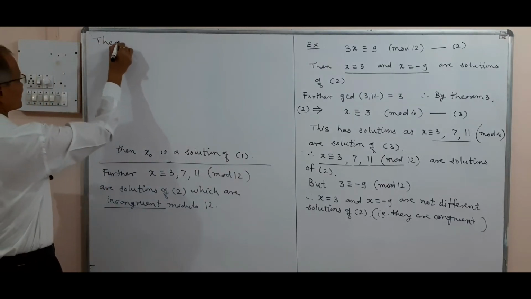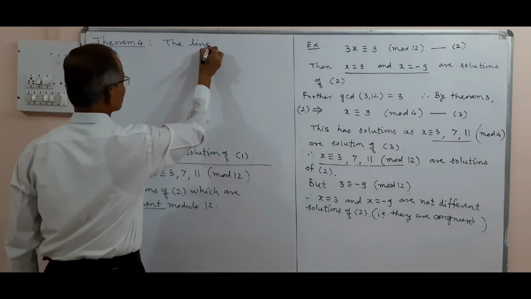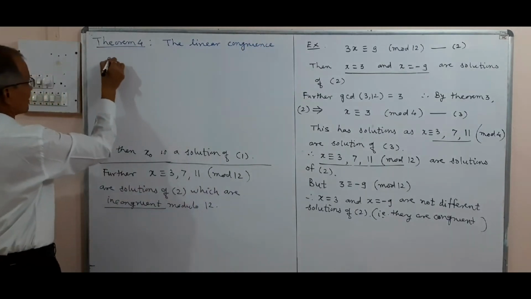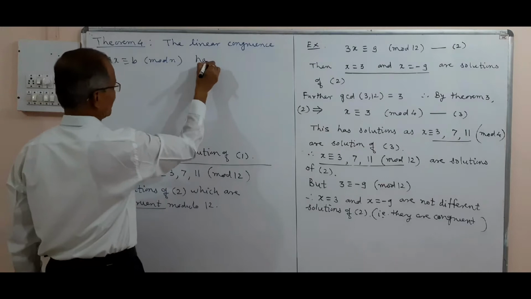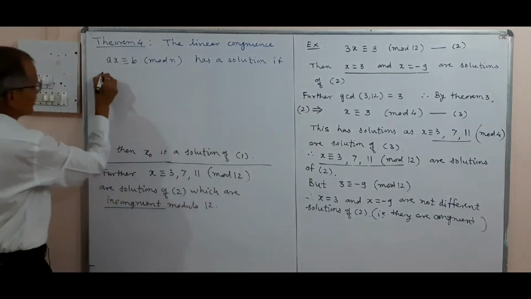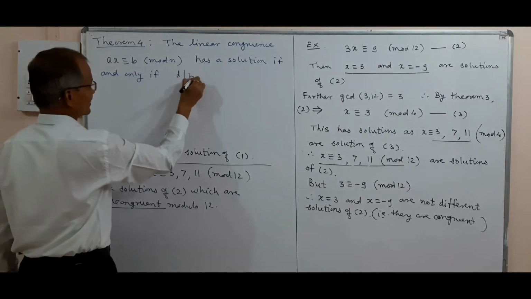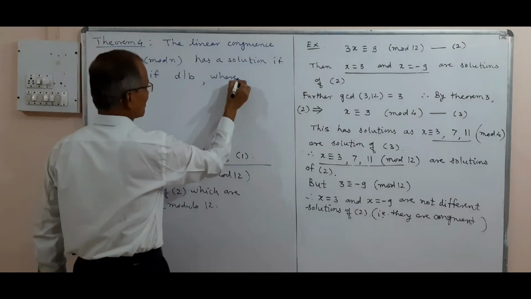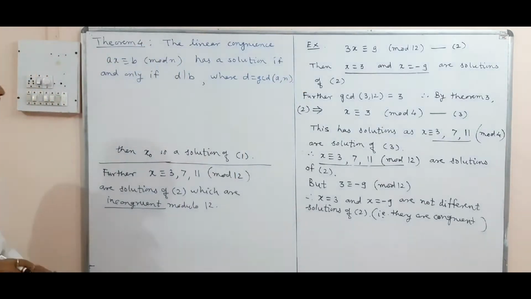This is our theorem 4. The linear congruence has a solution if and only if, a necessary and sufficient condition, D divides B, where D is GCD of A and N. That is the first part.